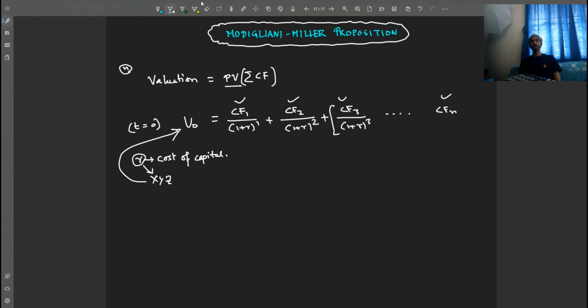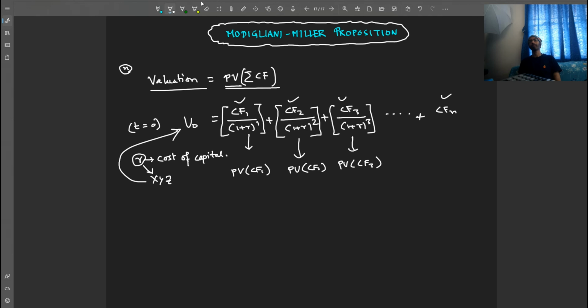The third expression is the present value of cash flow 3, the second is the present value of cash flow 2, and the first is the present value of cash flow 1. Similarly, we add all these present values to get the valuation, which is the sum total of the present values of the future cash flows.